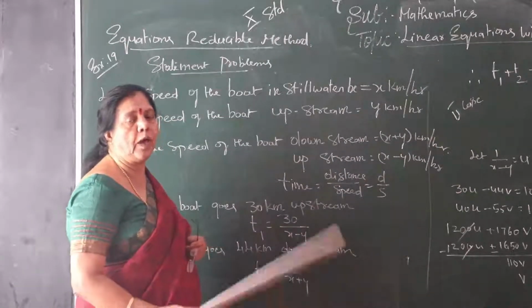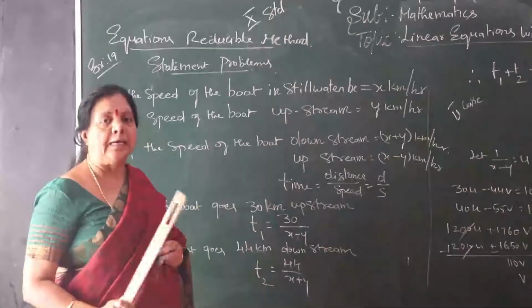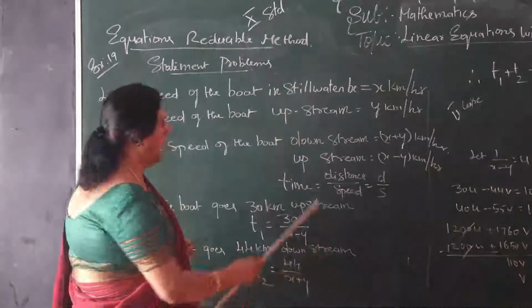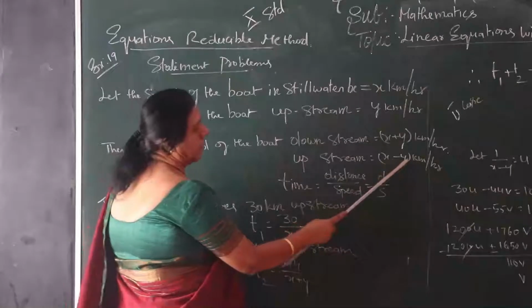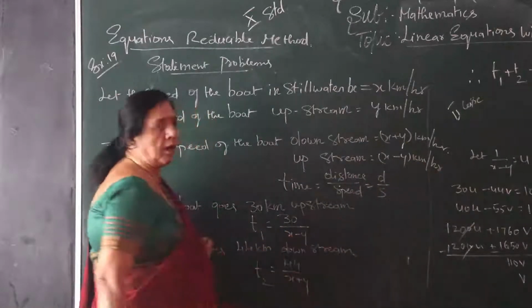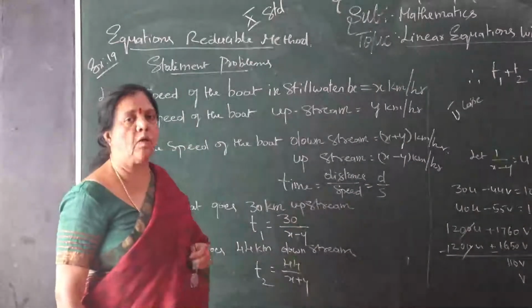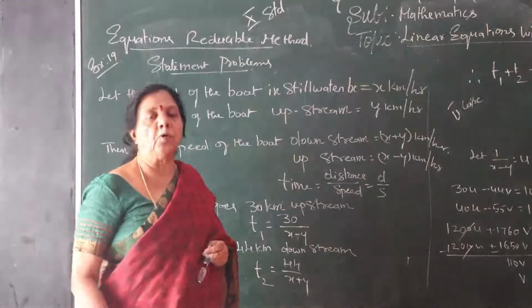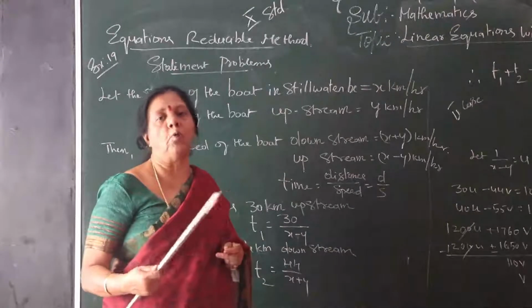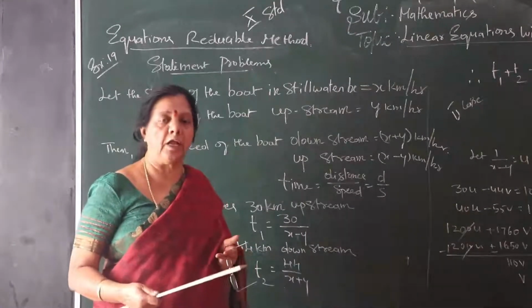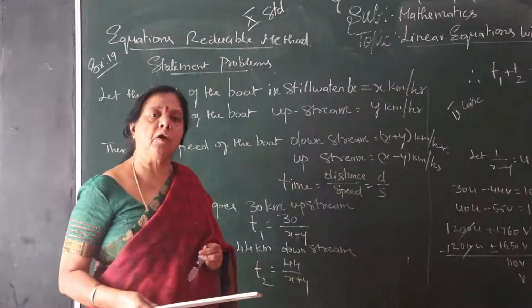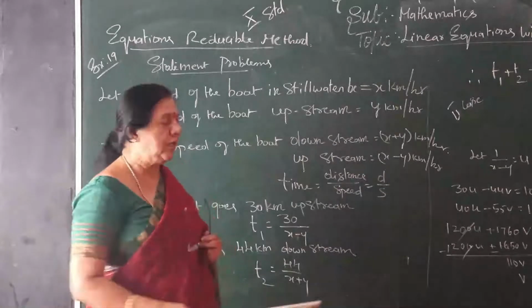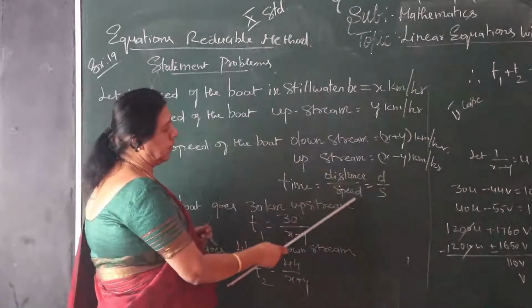We don't know, we have to find out the values of x and y. So here upstream is x minus y kilometer per hour. You know, in physics you have studied time is equal to distance by speed. Suppose you are going by car to Vellore or Chennai, how do you calculate the speed of the car? Time is equal to distance by speed.